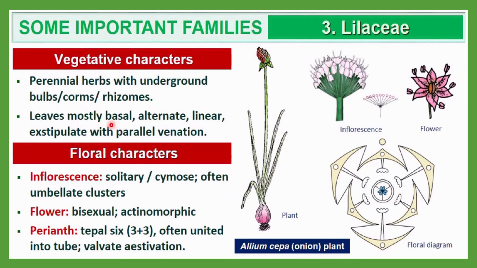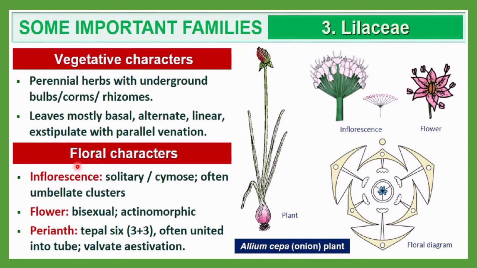Leaves are mostly basal, alternate, linear, exstipulate, meaning stipules are absent, with parallel venation. As it is a monocotyledonous plant, you will observe parallel venation. When parallel venation is observed, the plant is monocotyledonous, and if it is dicotyledonous, we observe reticulate venation. This is a distinguishing characteristic between dicot and monocot.